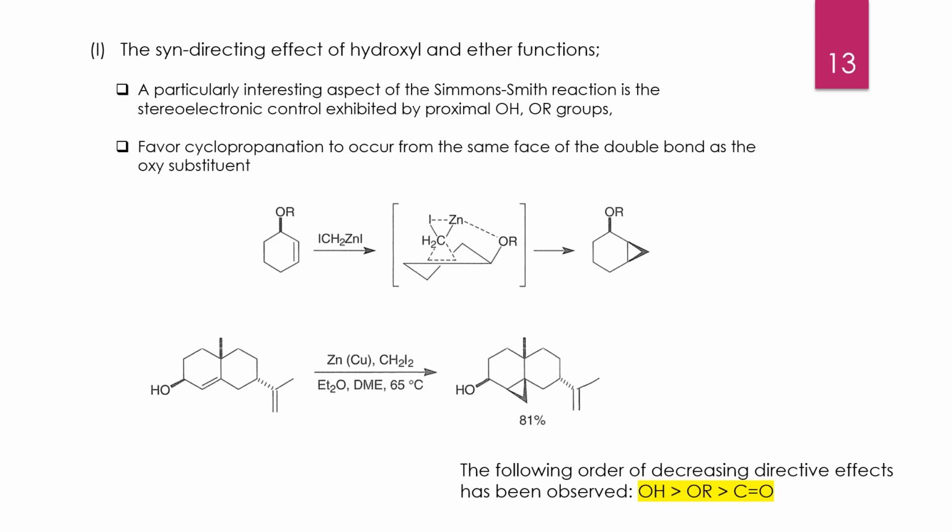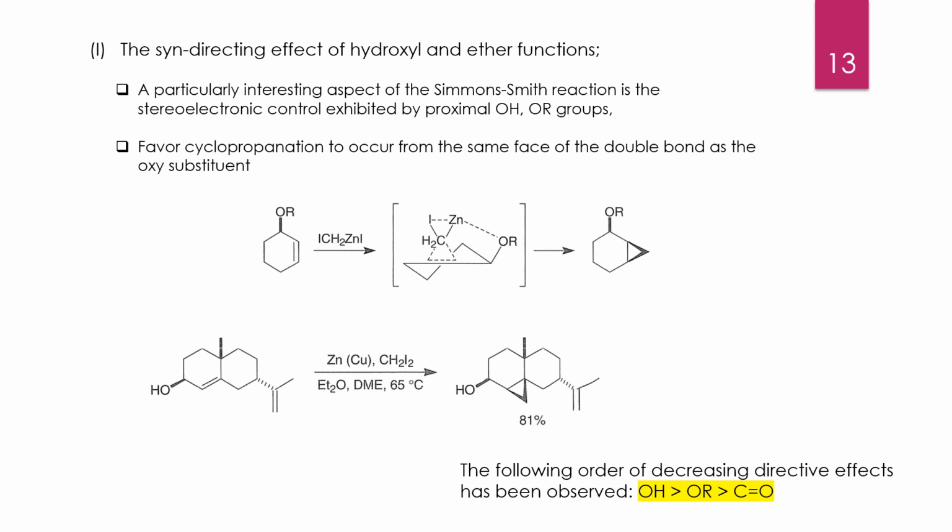But it should be adjacent, not too far, because for coordination the oxygen and zinc should be close enough. If the distance is too much, it can't come in contact to coordinate with the zinc. So this OH group should be quite close to the double bond so that this coordination can happen.